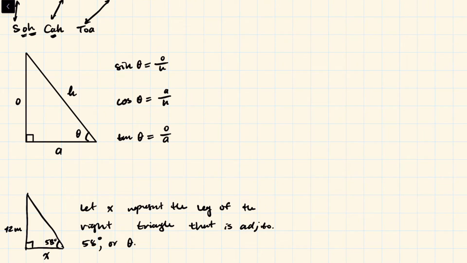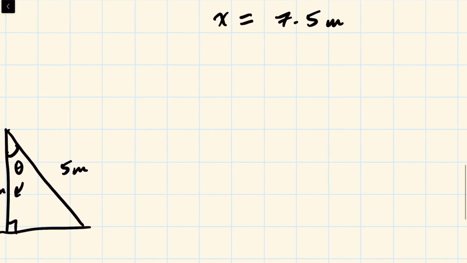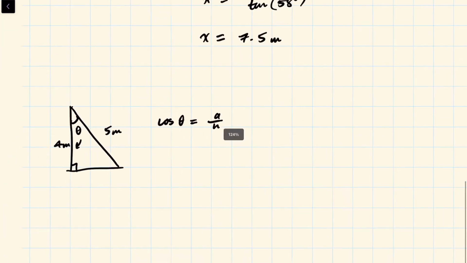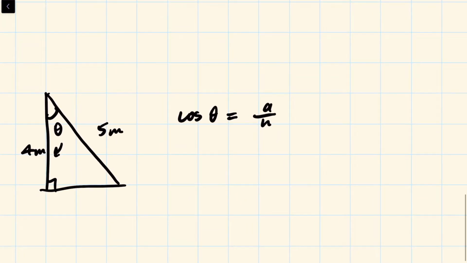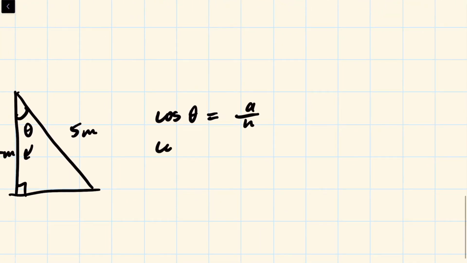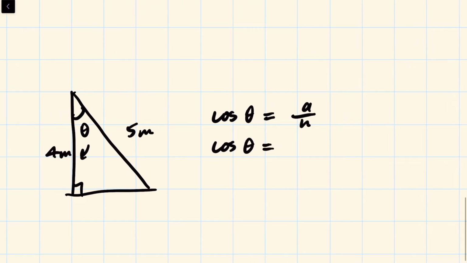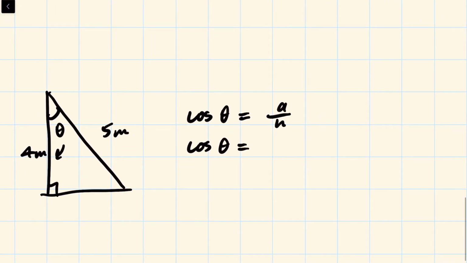So write that down here. Cosine of theta is equal to a over h. So cosine of theta, which is what we want to find, is a over h. So a, our adjacent side, is 4. H, our hypotenuse, is 5.